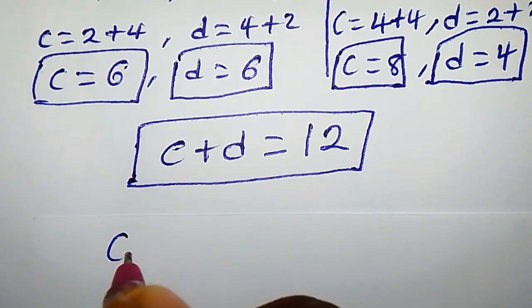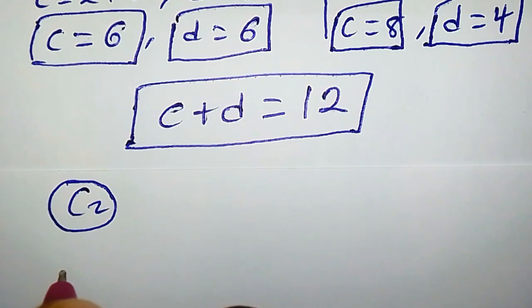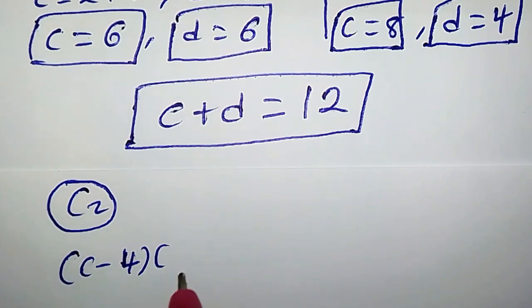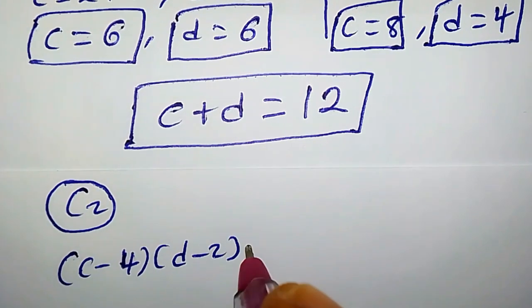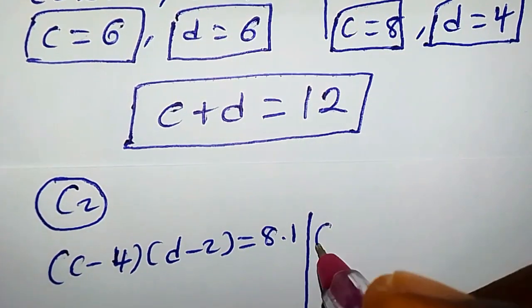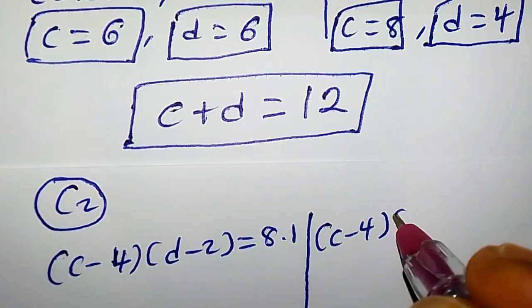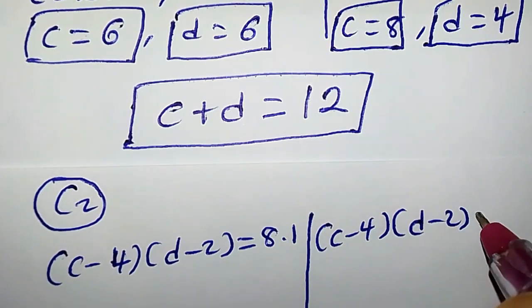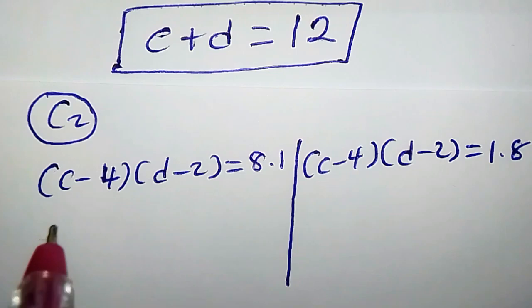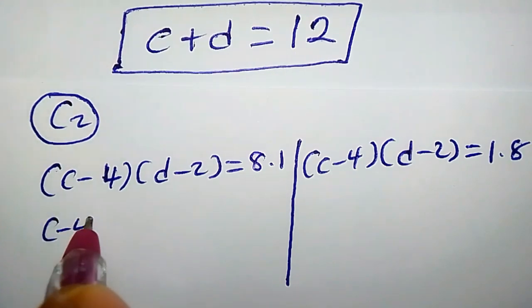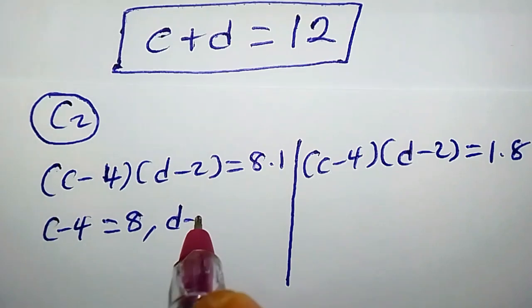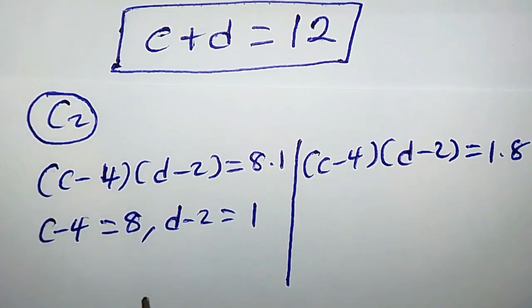Now, for case 2, we're going to have C minus 4 times D minus 2 equal to 8 times 1, and C minus 4 times D minus 2 equal to 1 times 8. From this line, if we compare, C minus 4 is equal to 8 and D minus 2 is equal to 1.